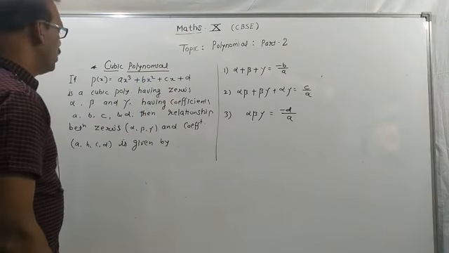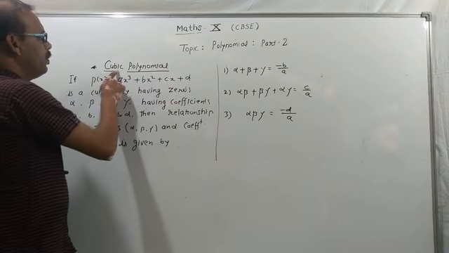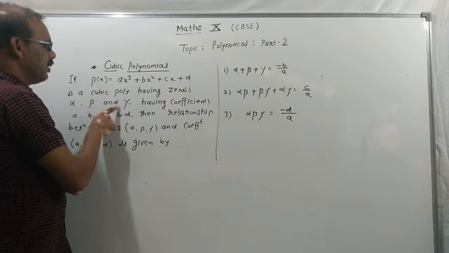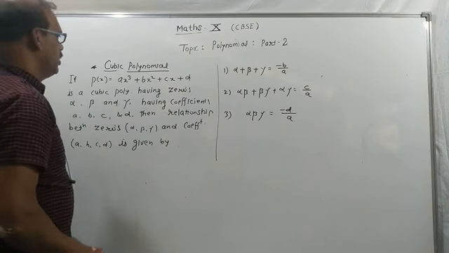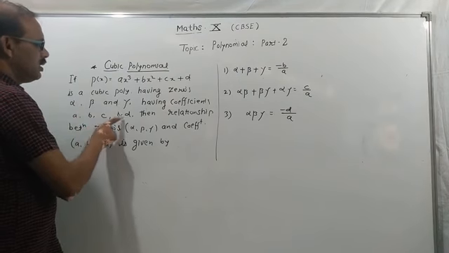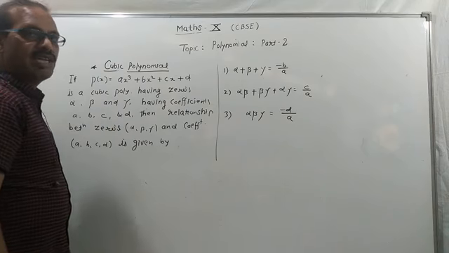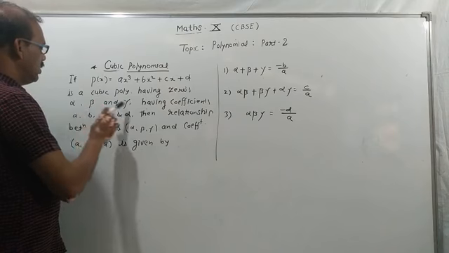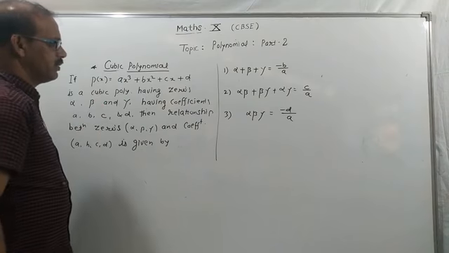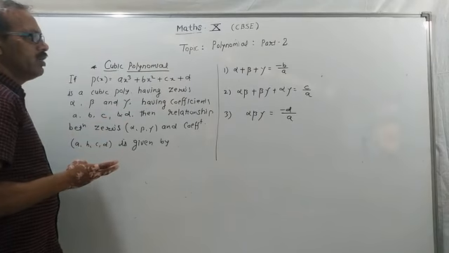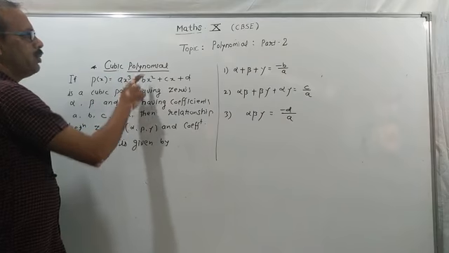So, for any cubic polynomial, if zeros are represented by alpha, beta, gamma, and coefficients are given by a, b, c, d, then there is a relationship between zeros and coefficients. There are three relationships between zeros and coefficients of a cubic polynomial.